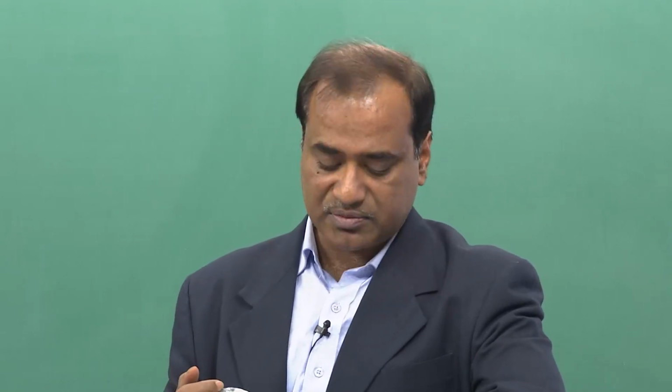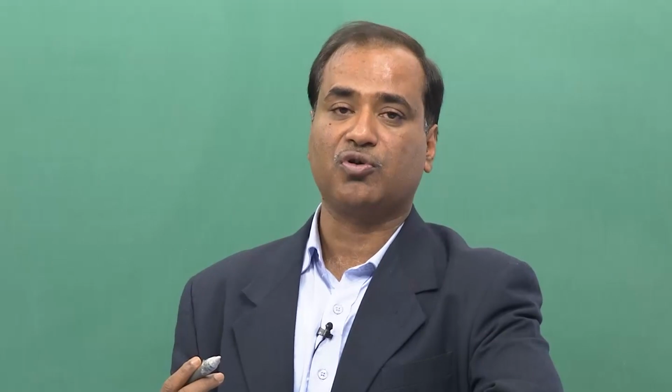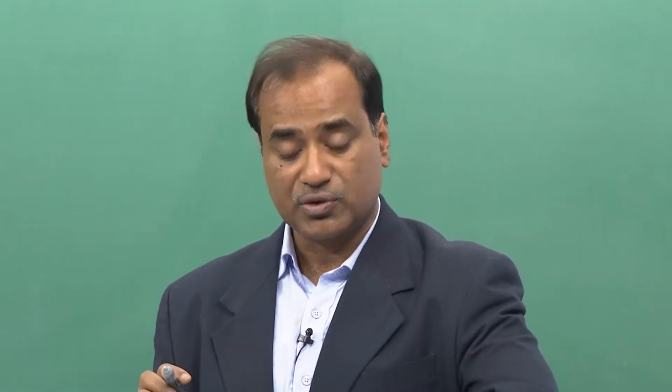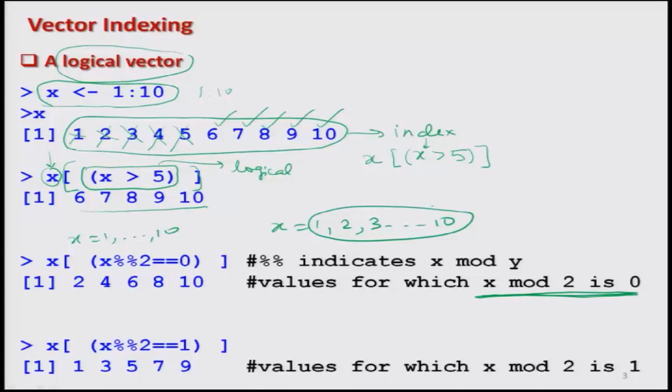We had also discussed that when you operate the modulo operator on a vector, this operation carries over each and every element in the vector. So, the same thing happens here: for all these values of x from 1 to 10, it operates to check whether x modulo 2 is exactly equal to 0.